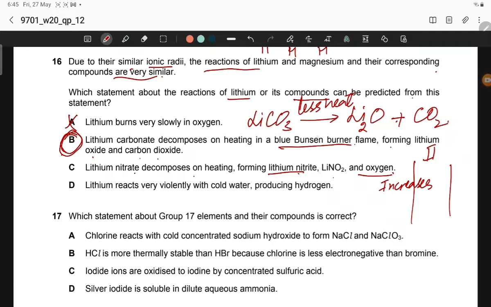So it requires less energy, less heat, to decompose and form lithium oxide and carbon dioxide.